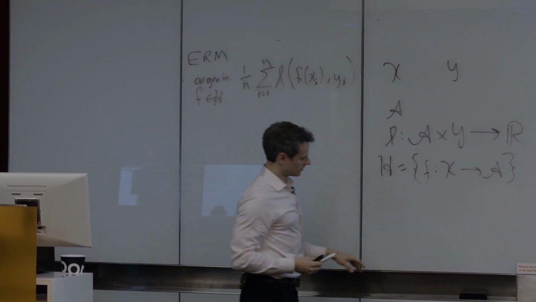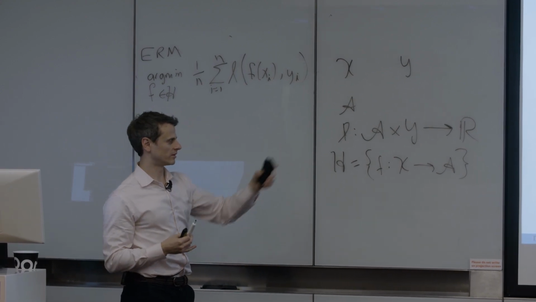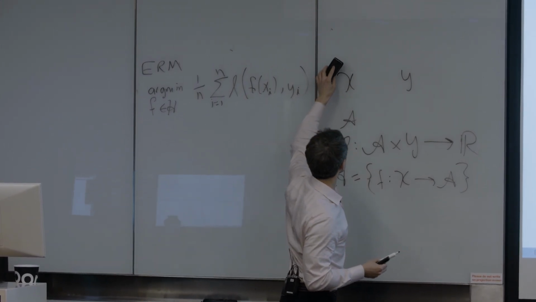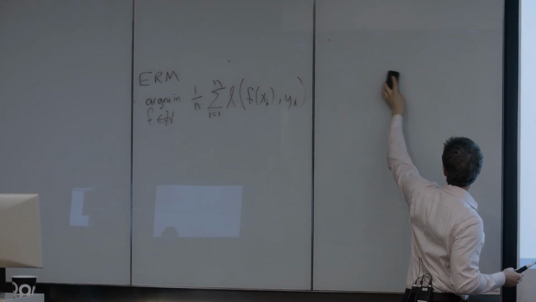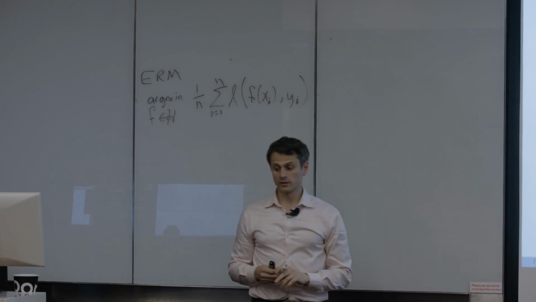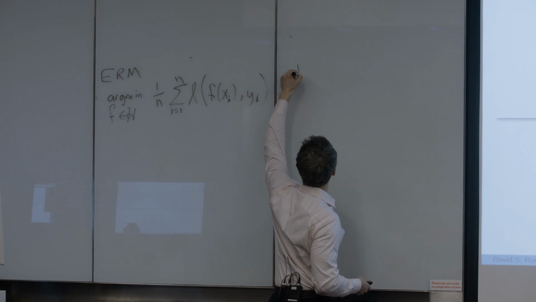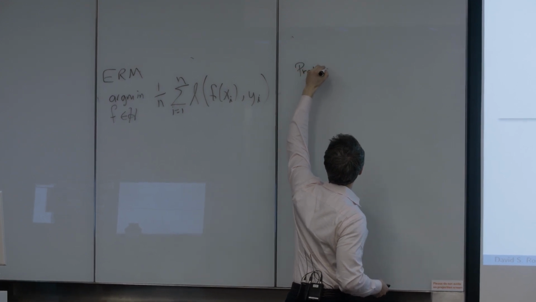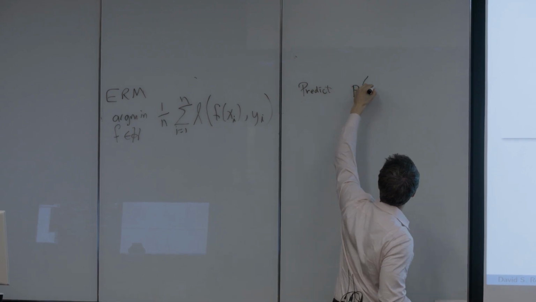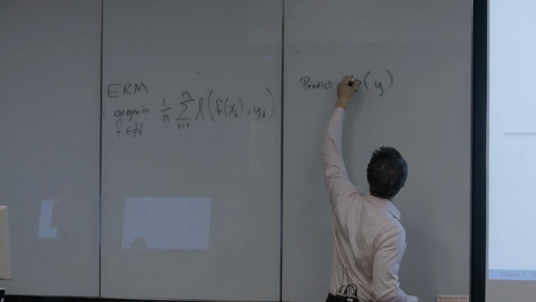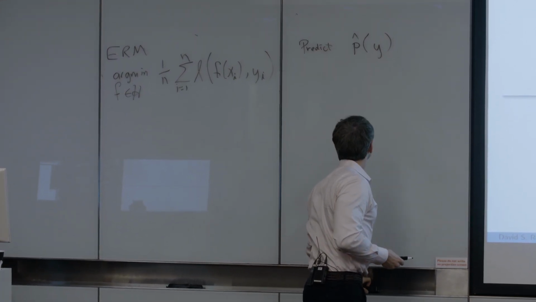And so now let's write down the maximum likelihood framework here. So the maximum likelihood was, so we're predicting, for every x, we predict a p hat y.